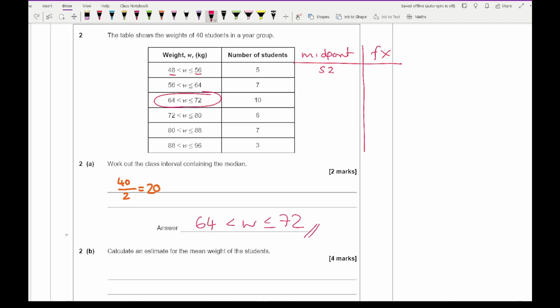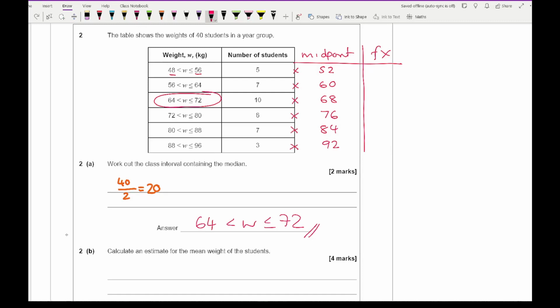The next one is going to give me 60. The next one is 68. Next one is 76. Next one is 84. And the last midpoint is going to be 92. Then to work out the FX values, all I need to do is simply multiply these two numbers together.